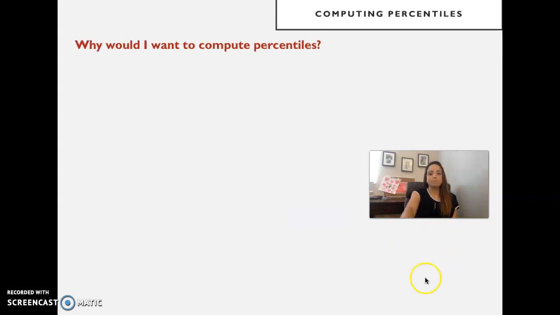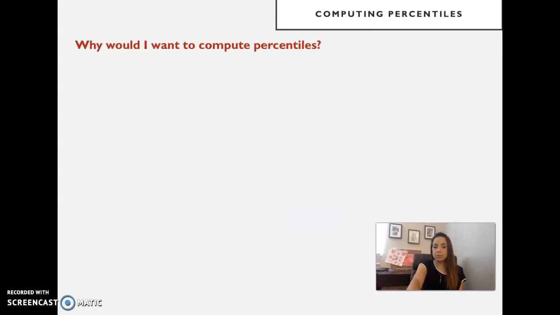All right. Computing percentiles. We mentioned that percentiles represent a score that is above a particular percentage of scores. So if my kid goes to the doctor and the doctor says she's in the 70th percentile of heights, that means that 70% of the kids are her height or shorter, right?